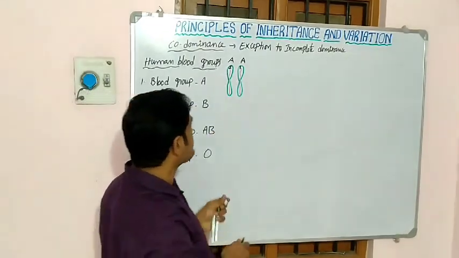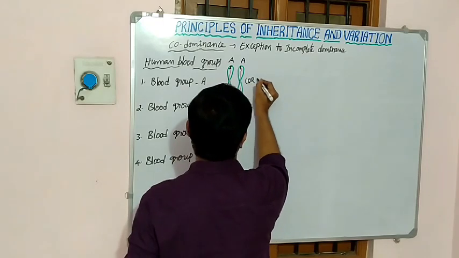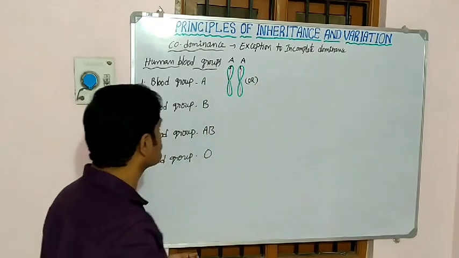Or some other type is also present. So what are the other types?